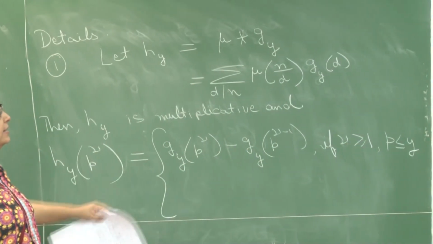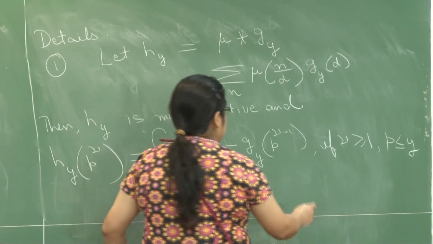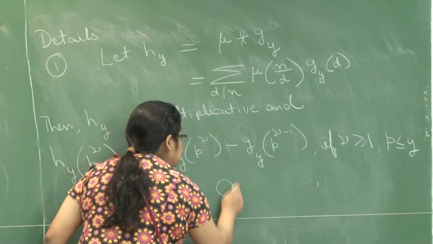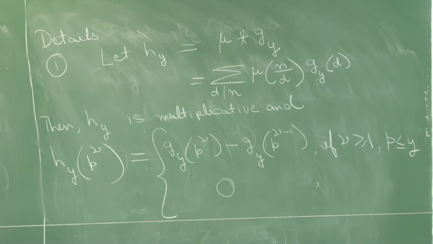Okay. Whereas, if p is greater than y, this will just turn out to be equal to 0.